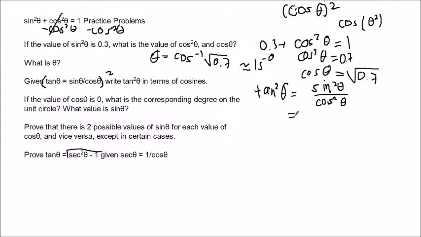So tan squared theta is just equal to 1 minus cosine squared theta over cosine squared theta. And that is the answer. Okay.